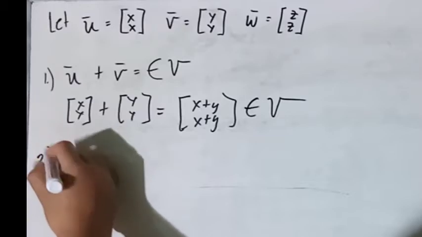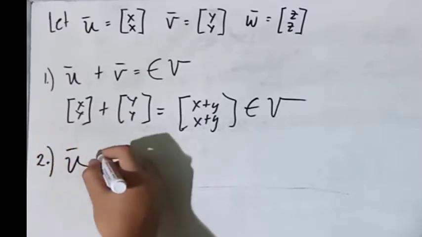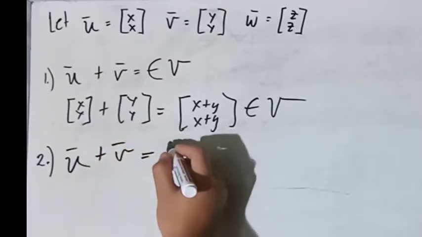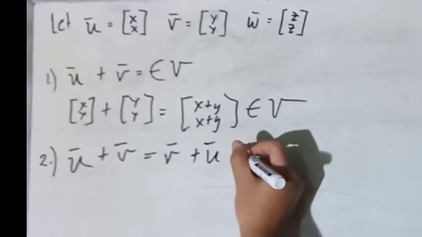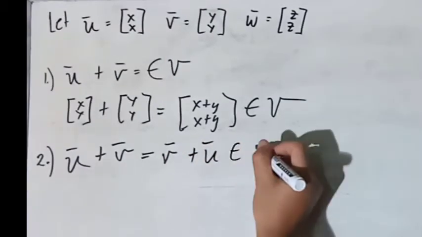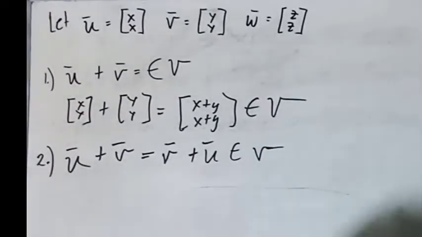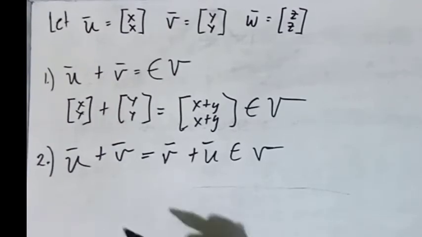Next, we have another property: vector U plus vector V is equal to vector V plus vector U, an element of the vector space. So we're going to prove that the two vectors are commutative.